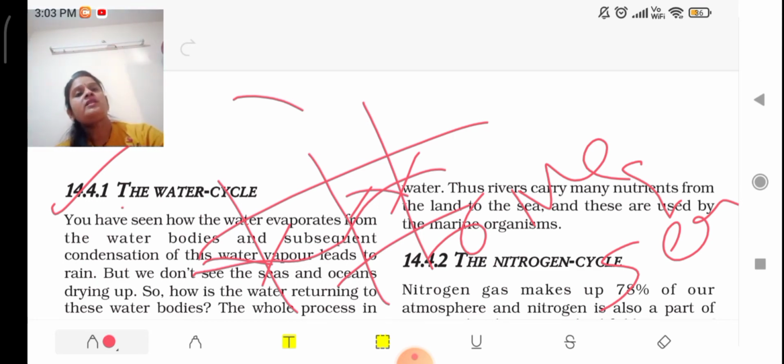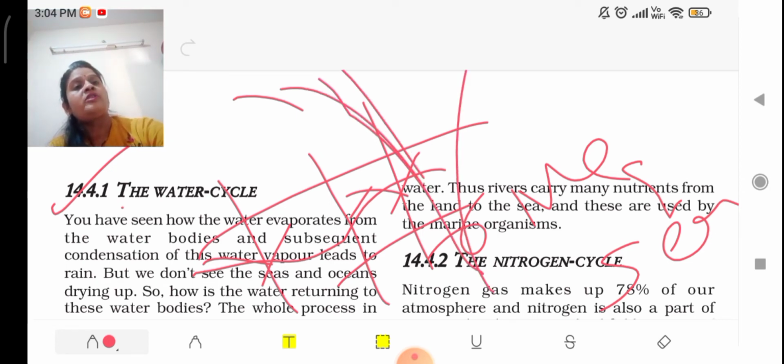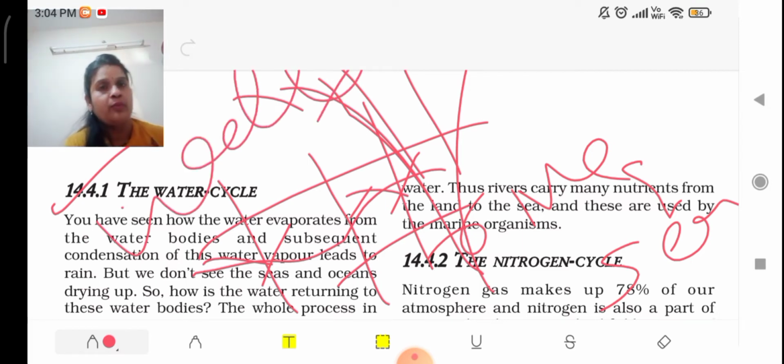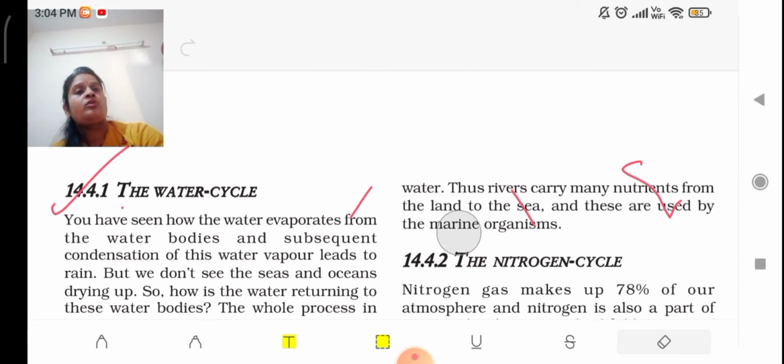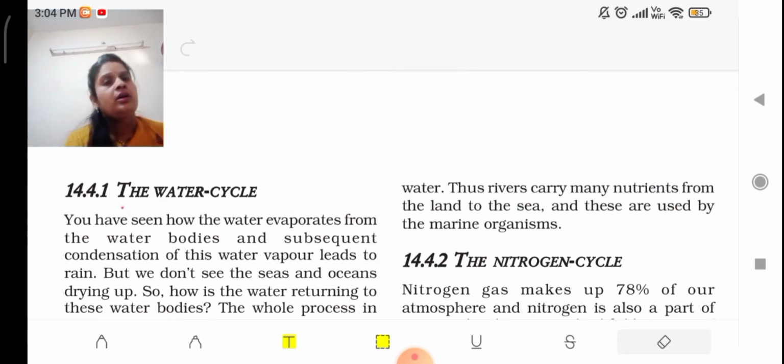That water is pulled out in the form of springs, wells, tube wells, and in the city we use bore wells. Okay, this is called underground water. So what is happening here? Water from the sea or ocean evaporates and converts into water vapor.